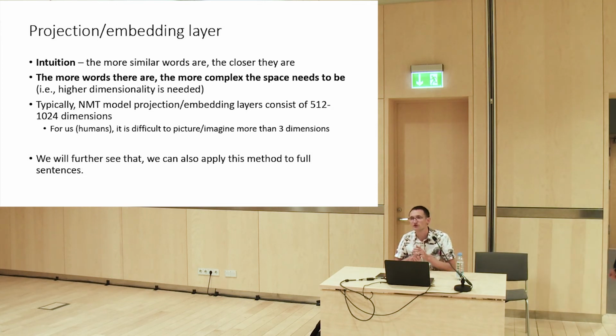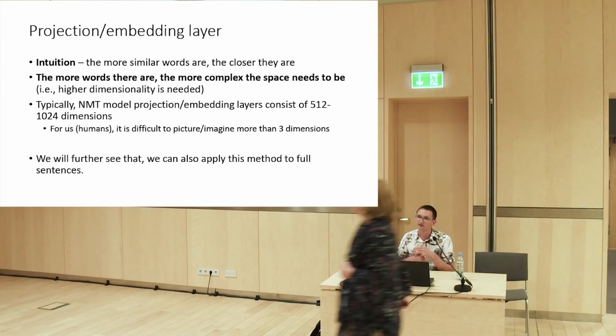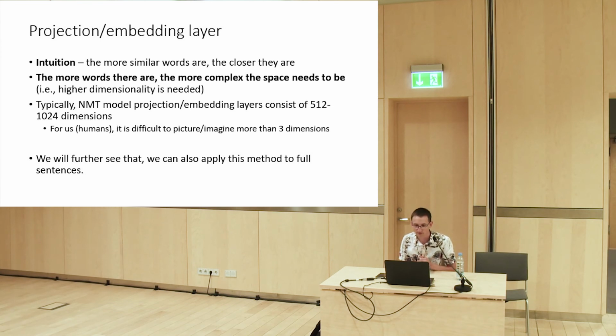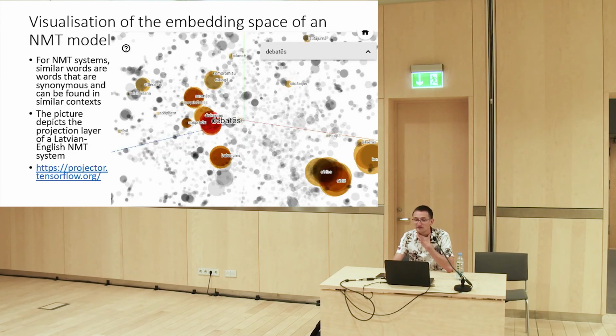The task is neural machine translation and not to predict which words are closer together in a context. We can apply this embedding method also for full sentences, not just words themselves, and we'll see that later on.